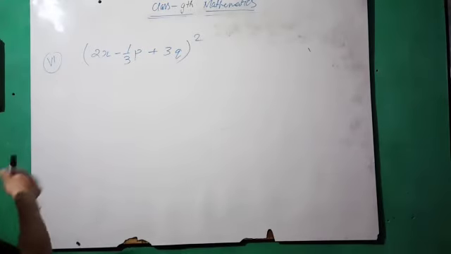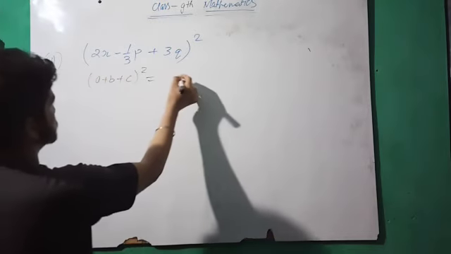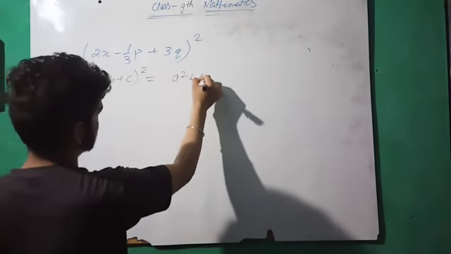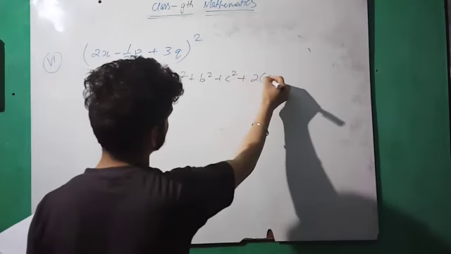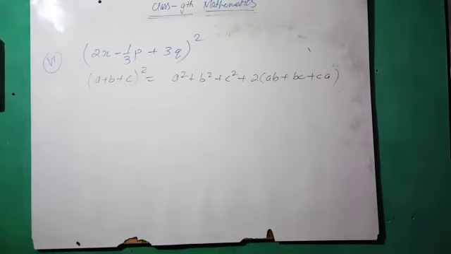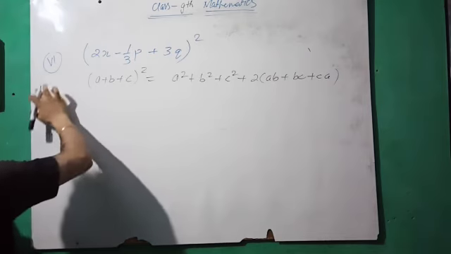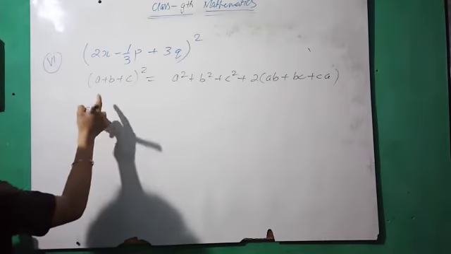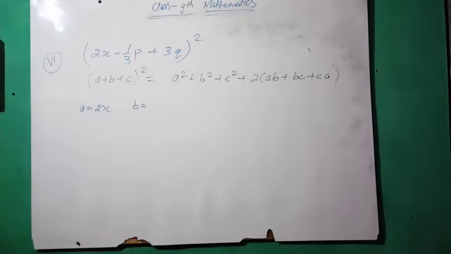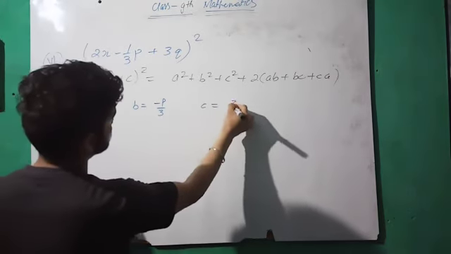This will be (a plus b plus c) whole square, so we can easily use the identity: (a plus b plus c) whole square is a square plus b square plus c square plus 2ab plus 2bc plus 2ca. But before expanding this, we have to suppose that a equal to 2x, b equal to minus 1 by 3 p, or we can also write it as minus p by 3, and c is 3q.